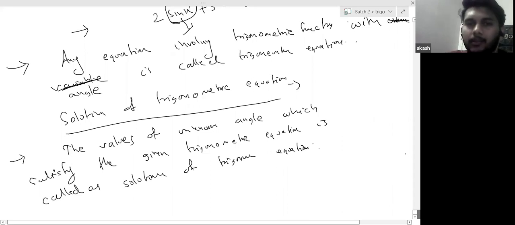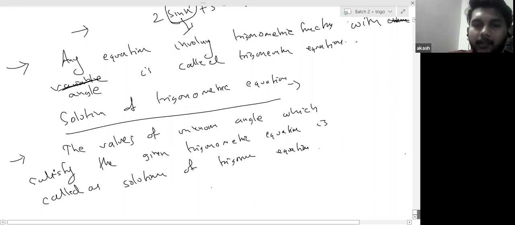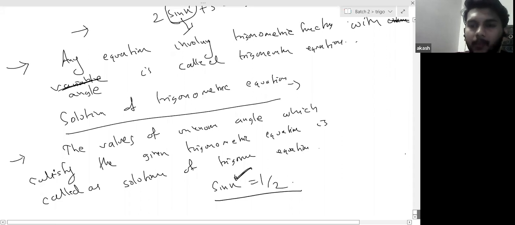All right. In the above equation, you have to find x. In here, you have to find the value of that unknown angle. Right. If I tell you sine x is equal to half, then the values of x that satisfy this equation will be called the solution of trigonometric equations. All right.